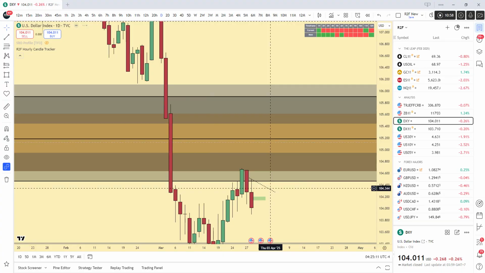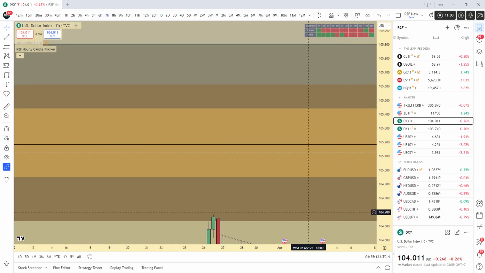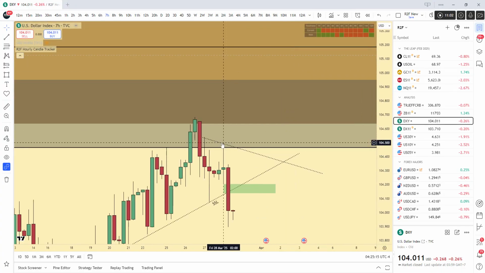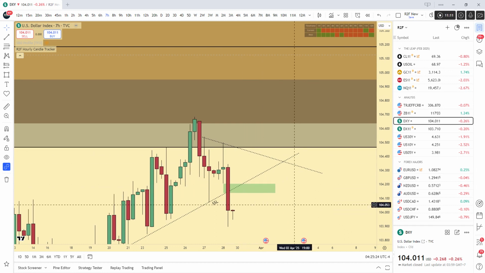Maybe something interesting. Maybe actually touch this gap, take this out, create more equal highs for later, then come down. Possibility. I expect that to come during a high impact news that suddenly makes people feel bullish.